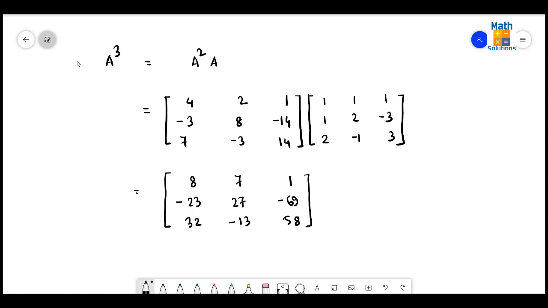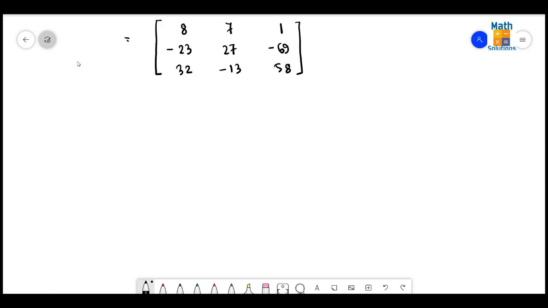Now these values we are going to put in the expression to be proved. To the question, we need once again to show that A cube minus 6A square plus 5A plus 11I is equal to the null matrix.